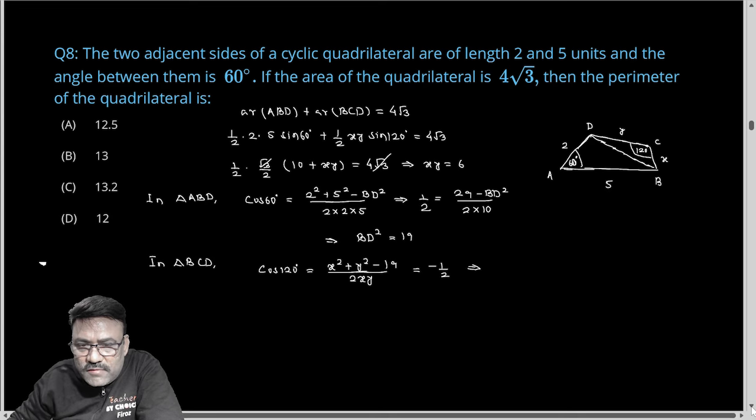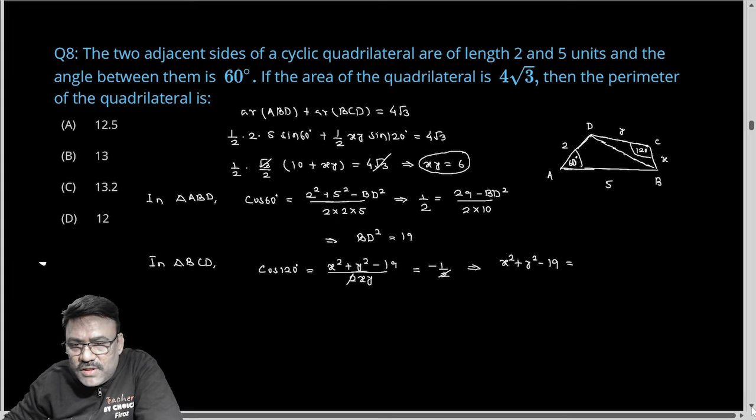So I have x square plus y square minus 19. This 2 and 2 disappears. Xy we already know here. It is xy is 6, so it is minus 6. So I got x square plus y square 13.